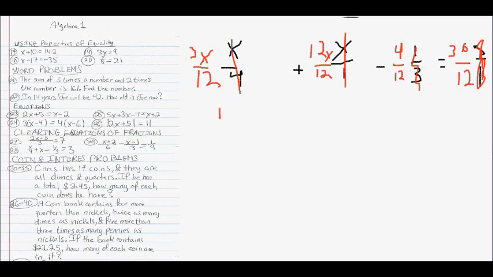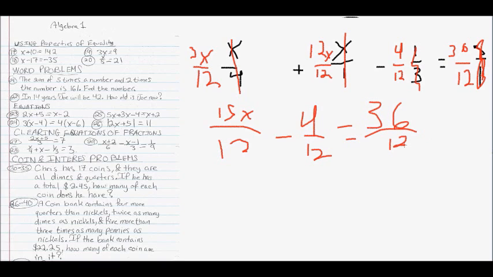No, we're just worried about 3x plus 12x, which is 15x over 12. Minus 4 over 12 equals 36 over 12.